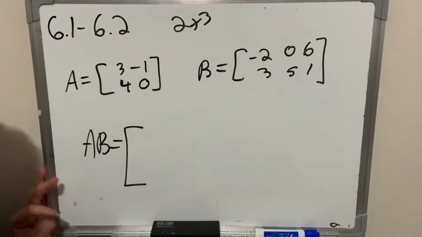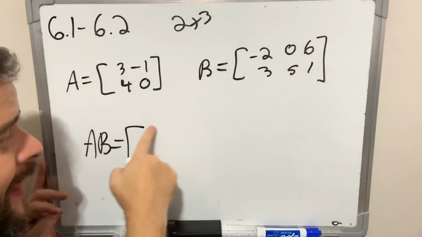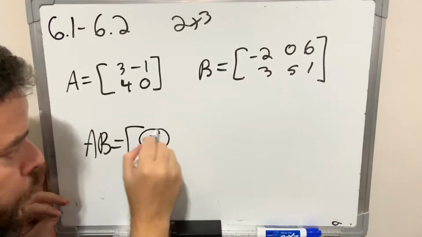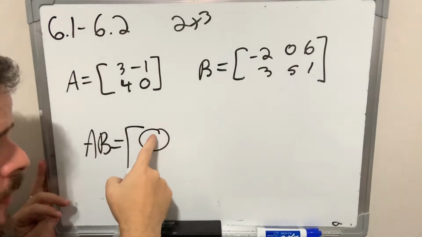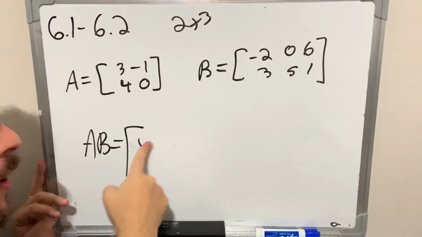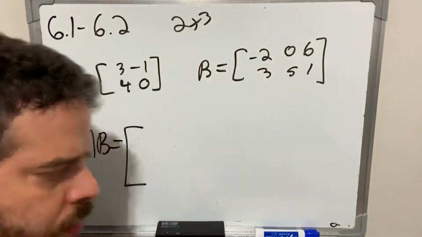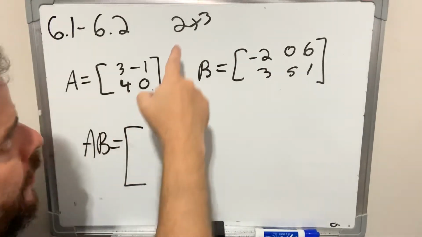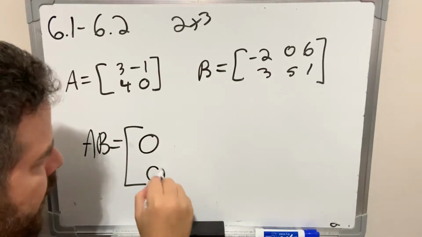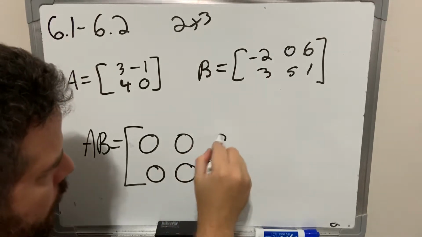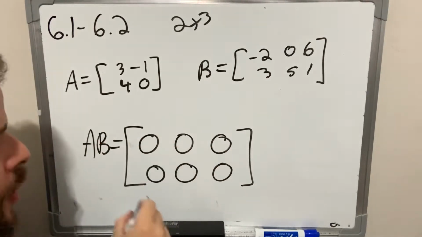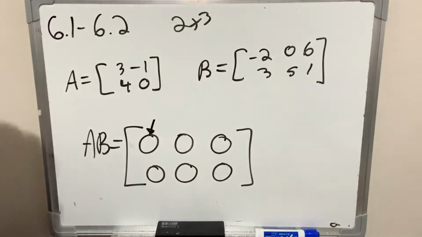Let's begin by finding my first element. To find this one up here, you have to do a whole bunch of multiplications and additions. The answer will have 2 rows, 3 columns. Let's find this element first.